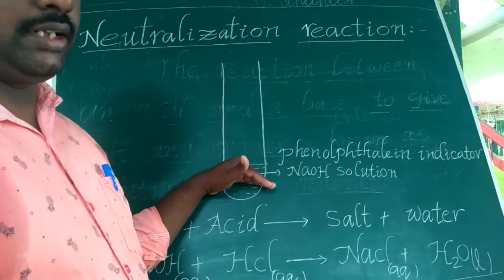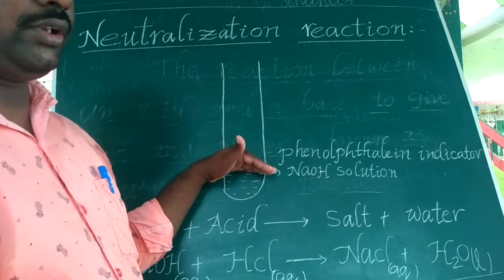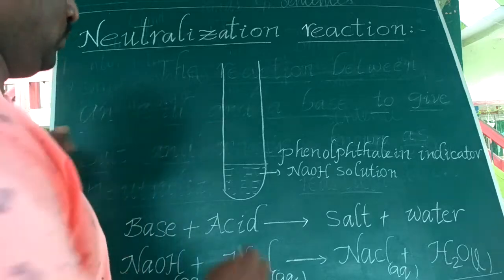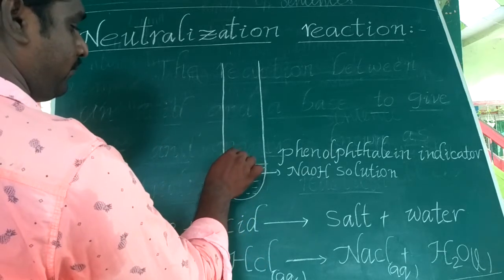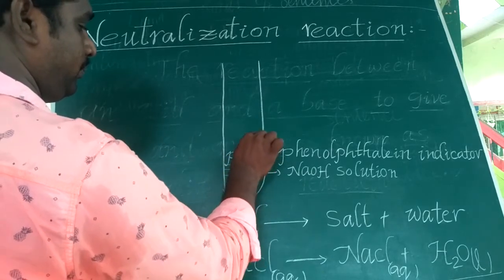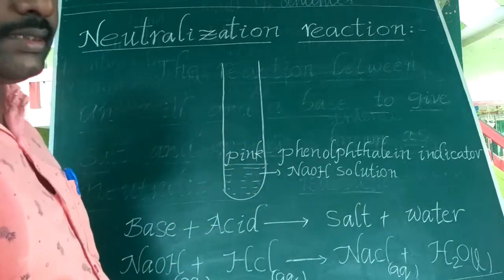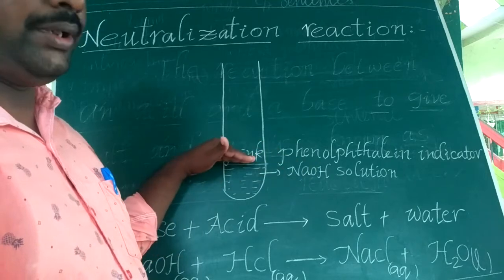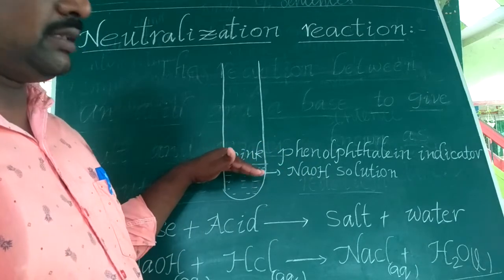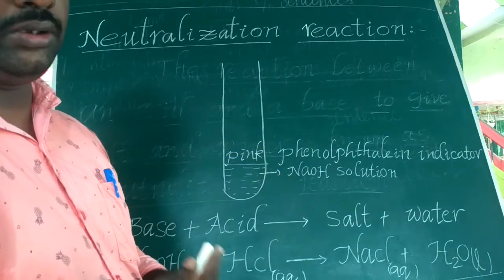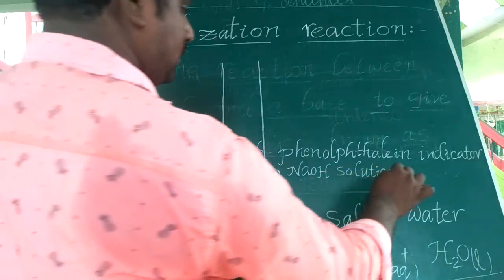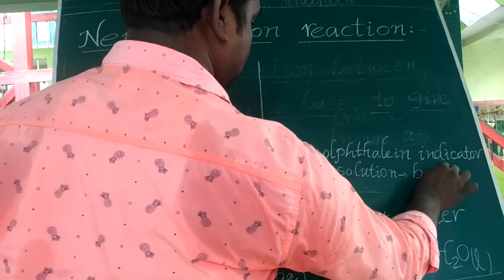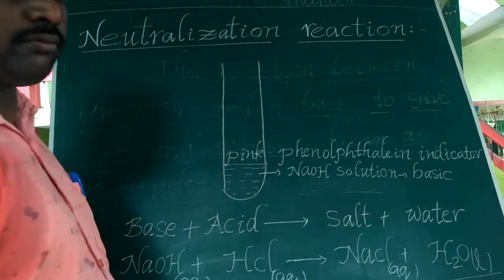We observe that the solution of sodium hydroxide changes into pink color. The phenolphthalein indicator indicates pink color in sodium hydroxide solution. What is the nature of sodium hydroxide? Its nature is basic.